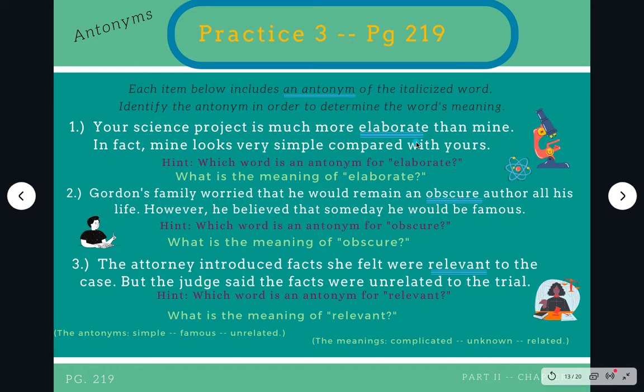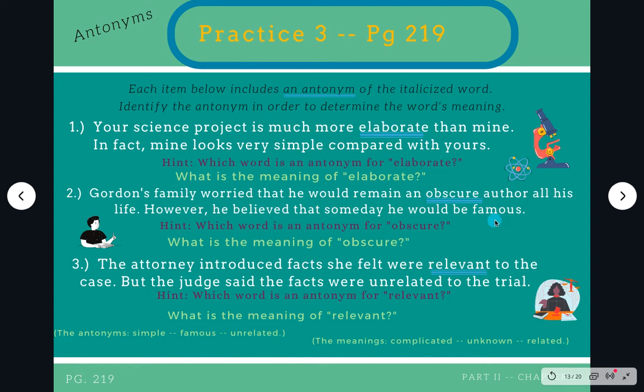All right, let's go ahead and look at number 2. Gordon's family worried that he would remain an obscure author all his life. However, he believed that someday he would be famous. So the key word that's in italics is obscure, and we're looking for another word in this passage that is an antonym. So his family worried that he would remain an obscure author. However, he believed that someday he would be famous. So, however, is one of those words that signals a contrast.